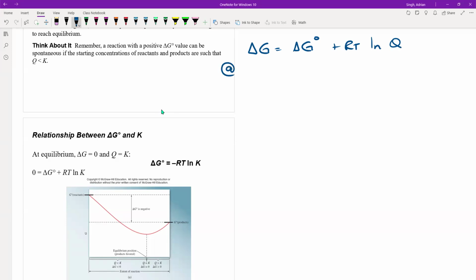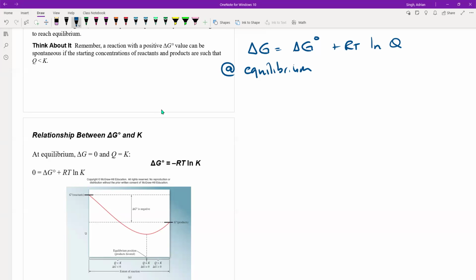So at equilibrium, both the forward and the reverse reactions are happening at the same rate. So there's no net reaction occurring in either direction. And as a result, the concentrations of the reactants are constant, not changing. And also the concentrations of the products are not changing either.